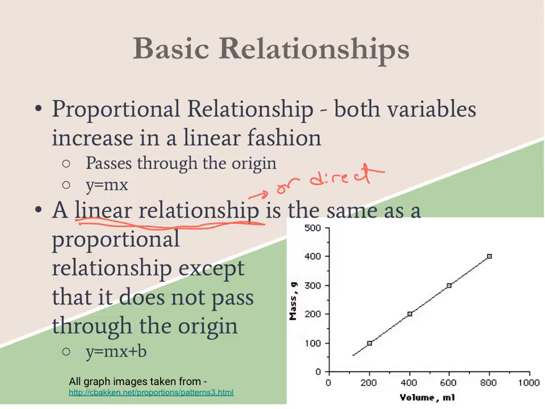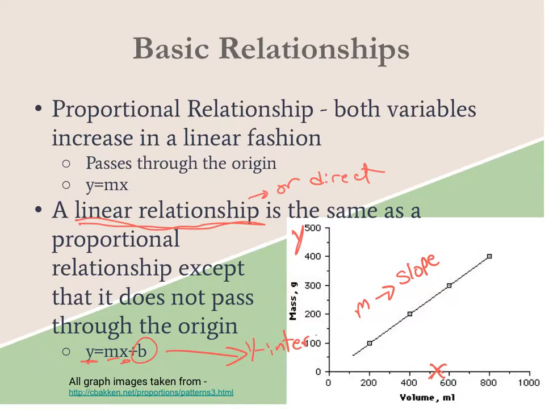In this equation, y is the y variable, m is the slope, x is the x variable, and b is the y-intercept. Where does our line cross the y-axis?